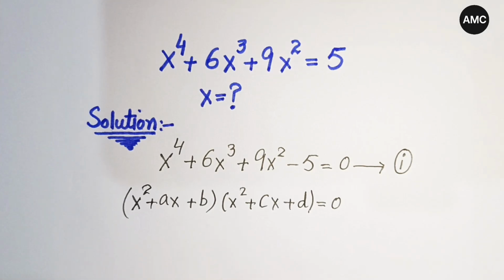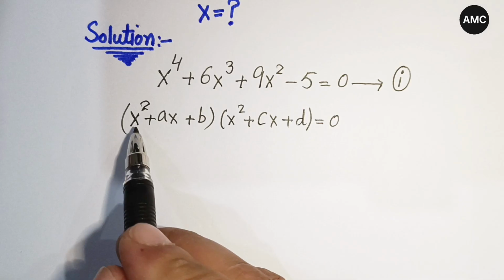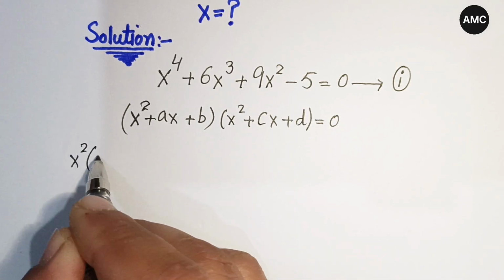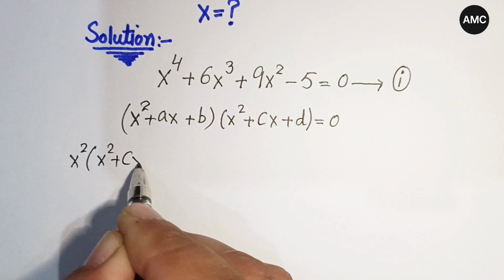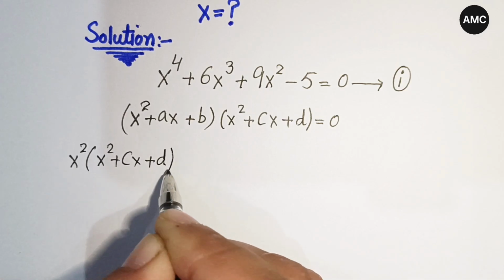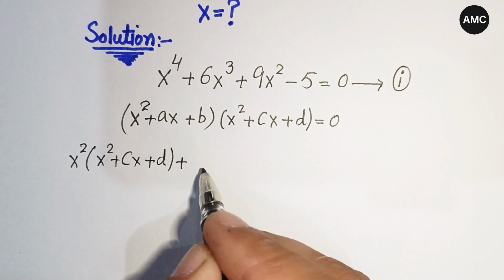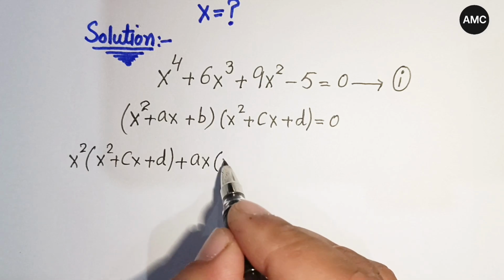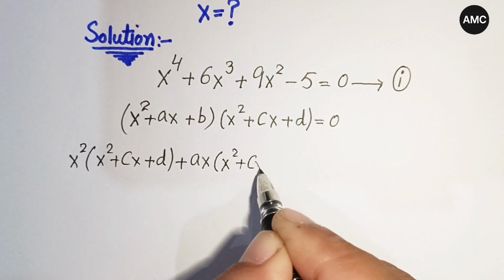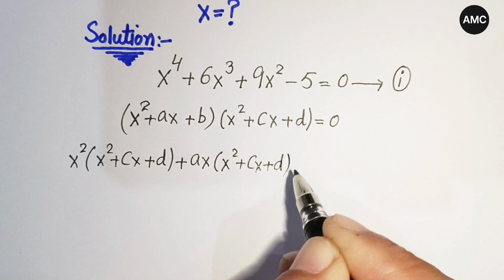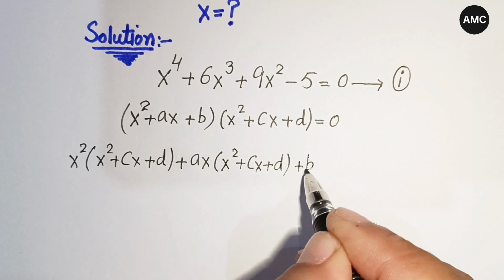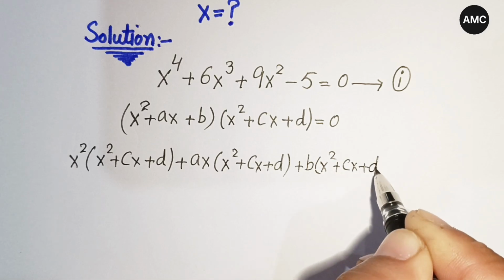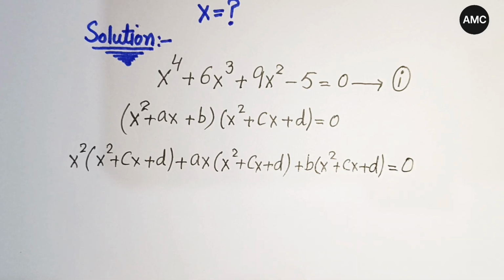If we multiply these two factors, we will get x squared times x squared plus c times x plus d. Similarly, here we have plus a times x, multiplying this one to this factor, x squared plus c times x plus d. Now plus b times x squared plus c times x plus d is equal to 0.